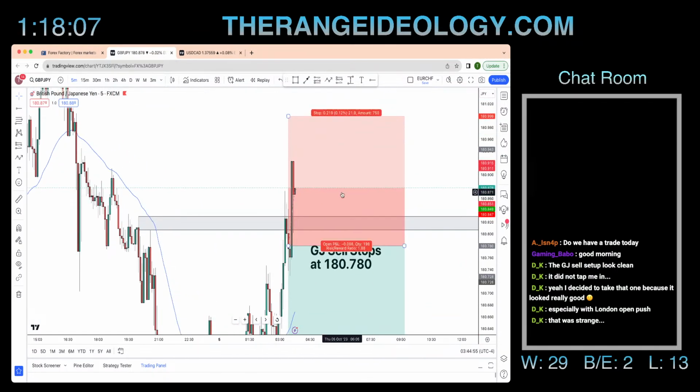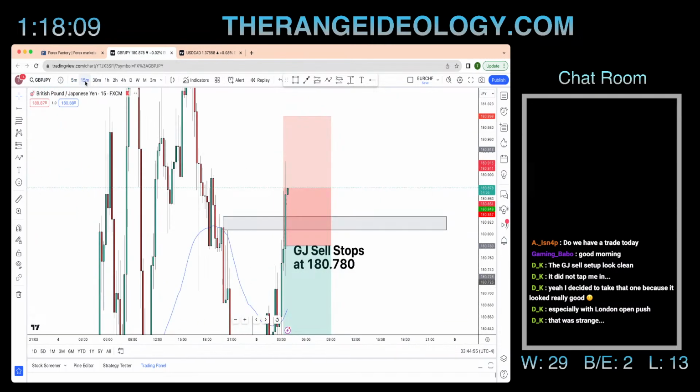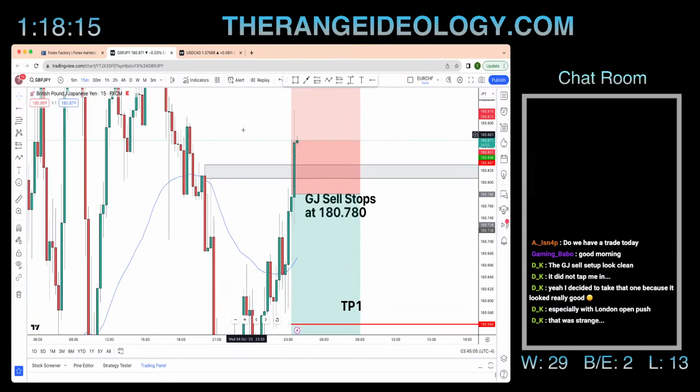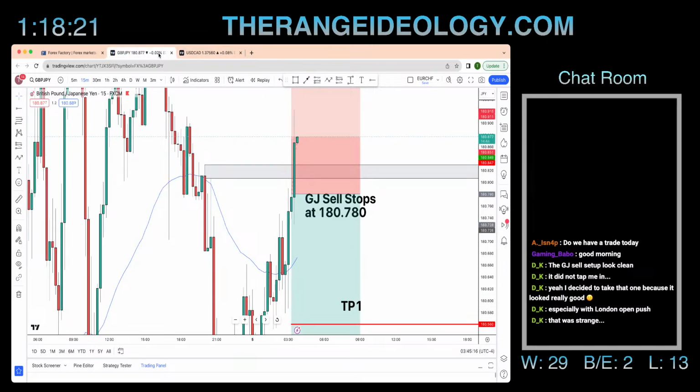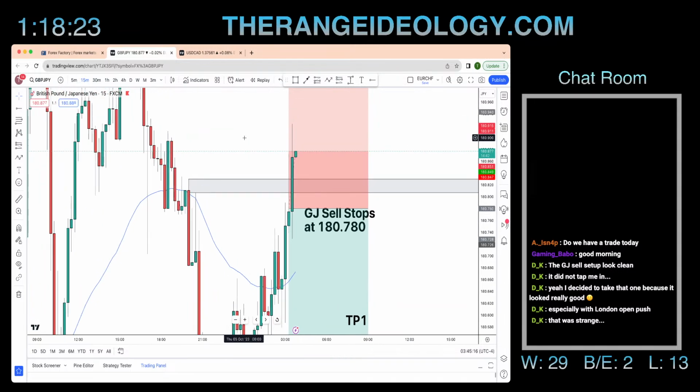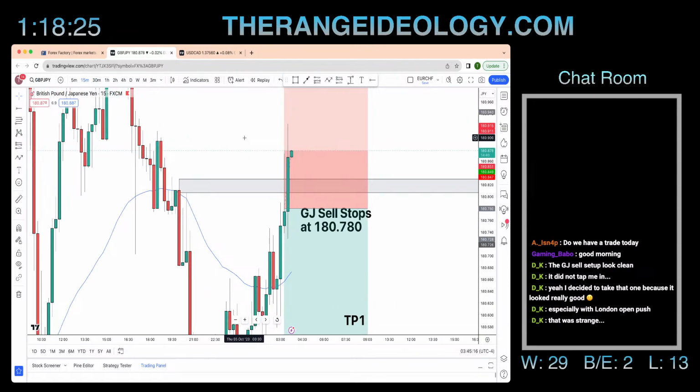All right, here's the new 5-minute candle and 15-minute candle. So let's see. Very interesting.